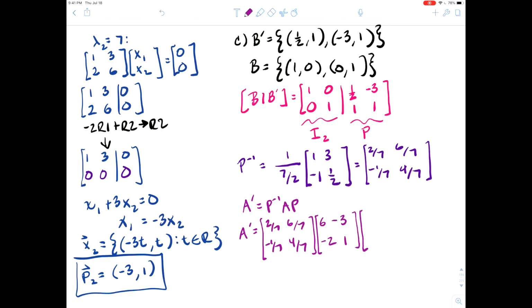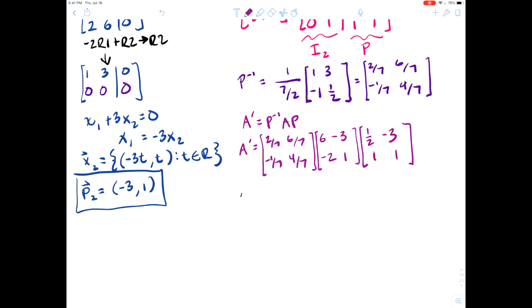And P, we have 1/2, -3 going across, 1 and 1. So let's see what we get.